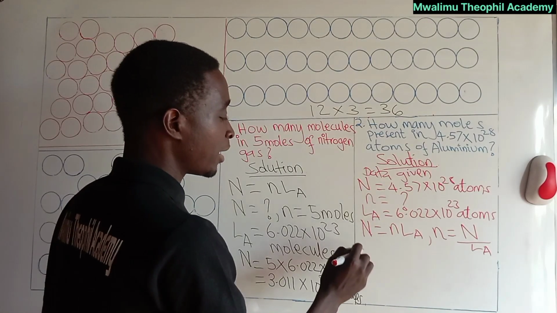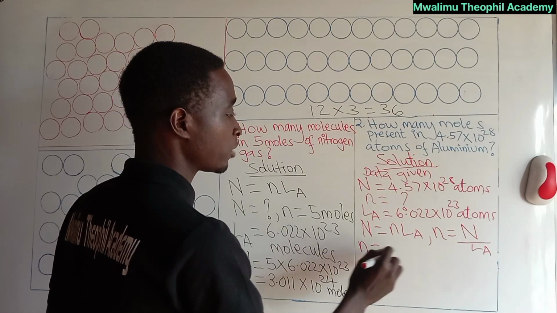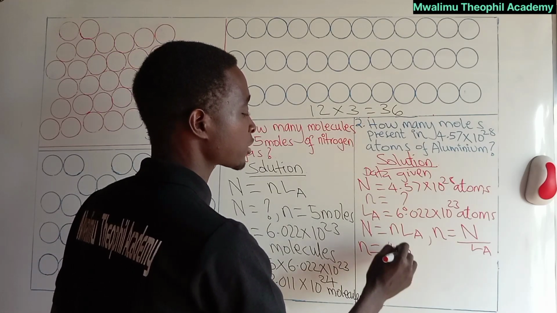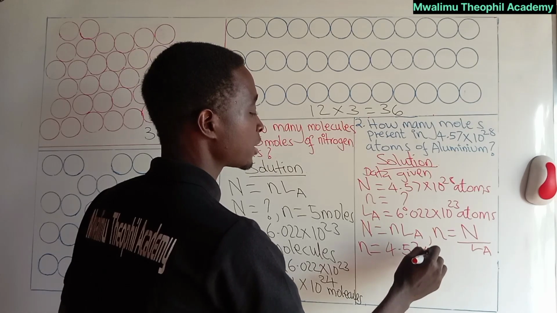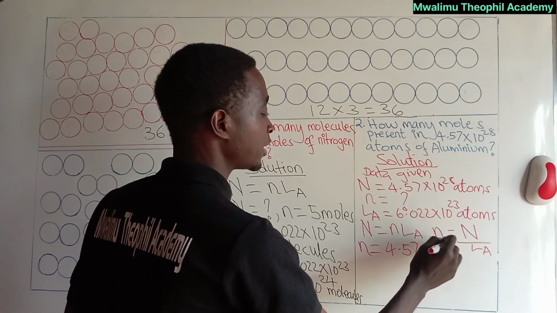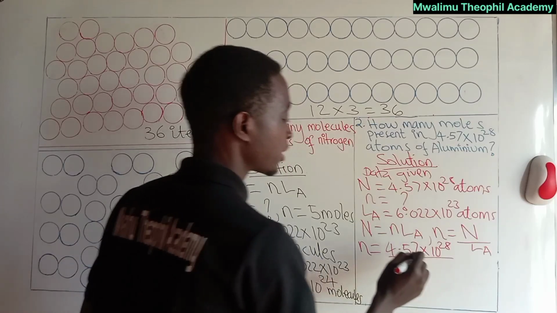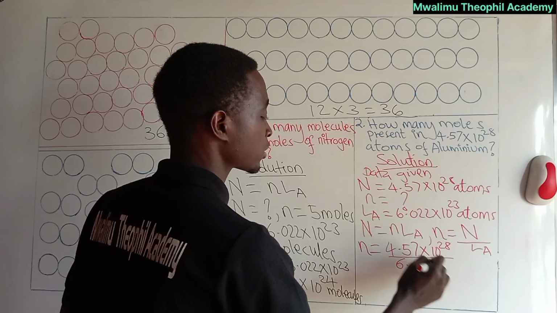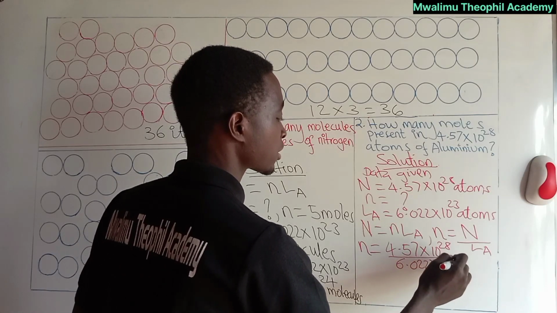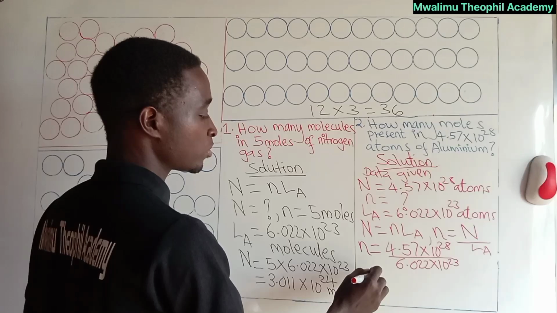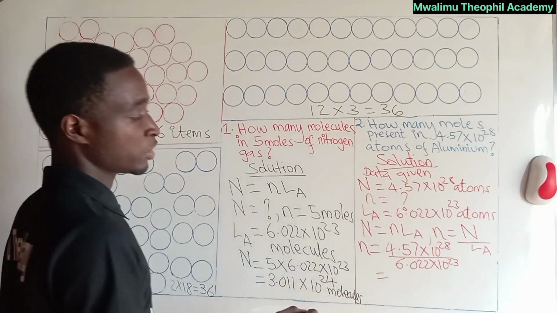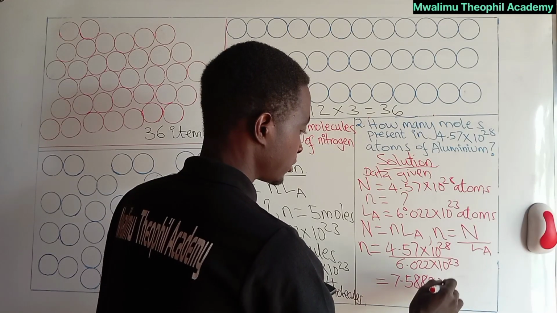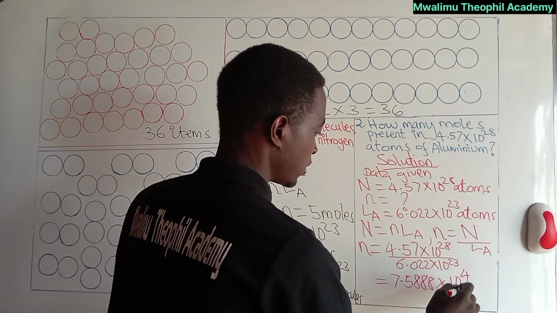Now the number of moles, small n, will be equal to the number of particles, which is 4.57 times 10 raised to 28, over Avogadro's constant, which is 6.022 times 10 raised to 23. Now this will be equal to, let us compute this, 7.5888 times 10 raised to 4.